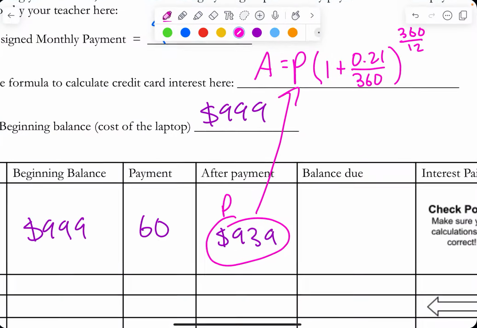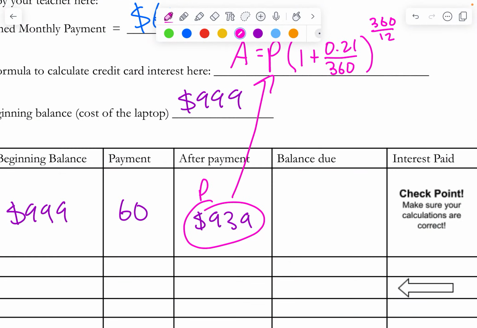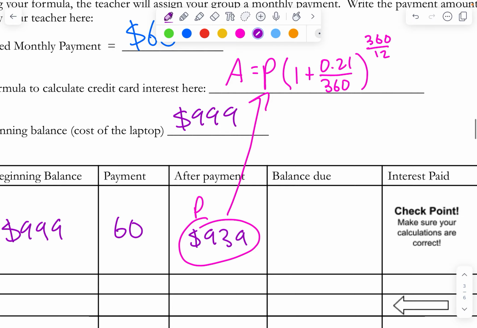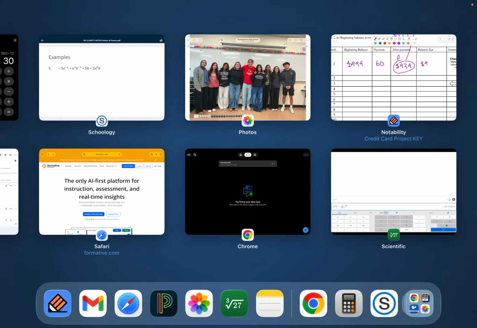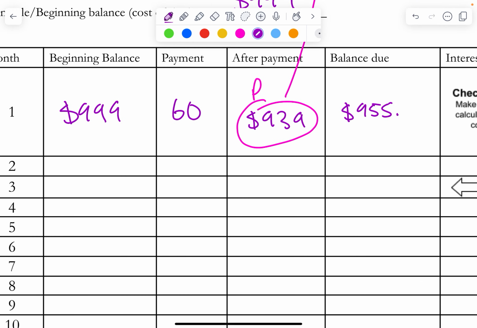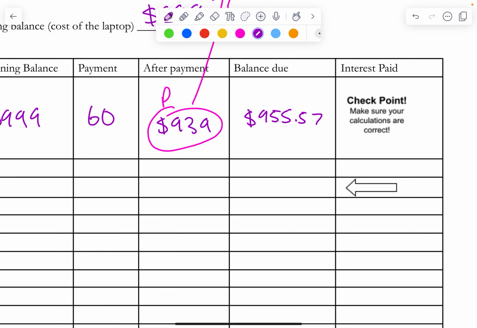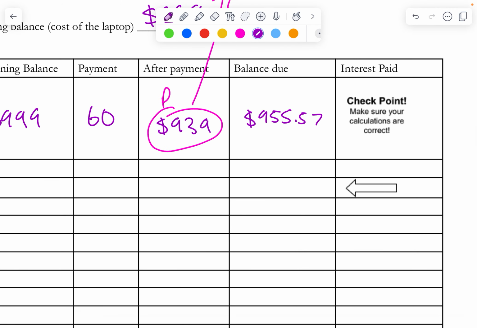So that is how much you have left over after you add on the interest. So you would have $955.57. Now if I ask you how much interest was paid, you just take your balance at the end of the month and subtract what you had after your initial payment.